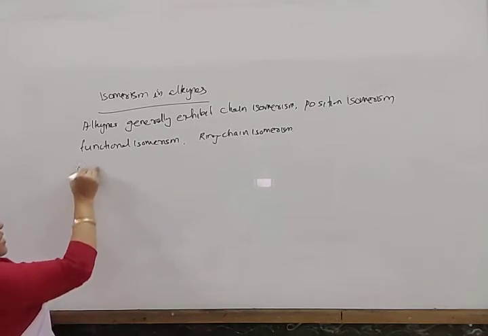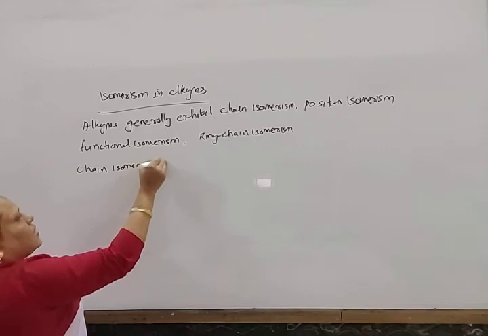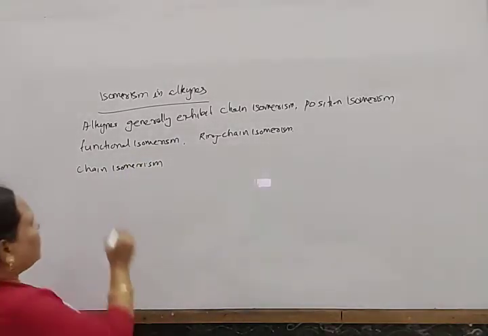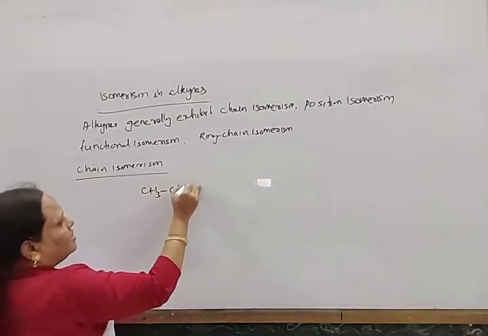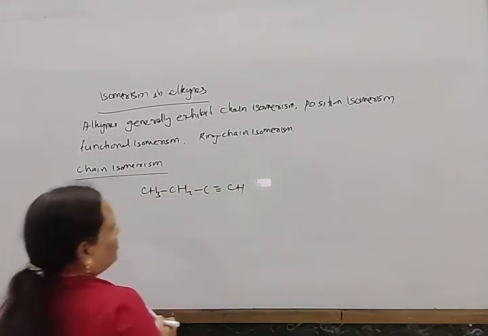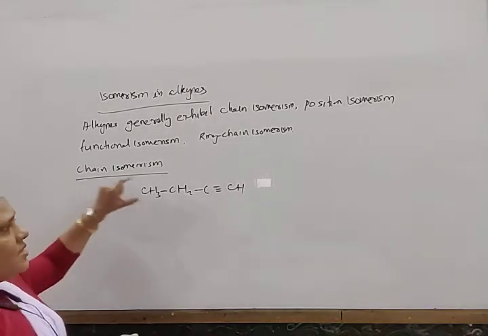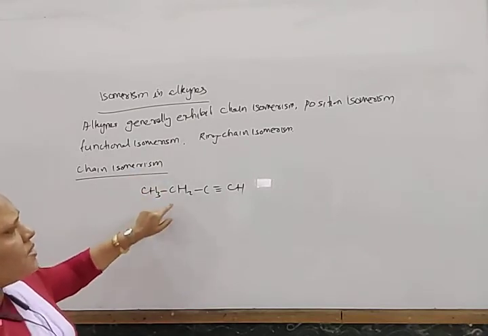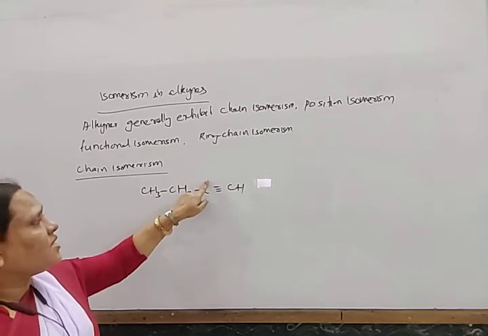Look here, chain isomerism. Alkynes having 4 or more carbon atoms generally exhibit chain isomerism. For example, CH3 CH2 C triple bond CH. Here if a methyl group is replaced, it cannot exhibit chain isomerism.